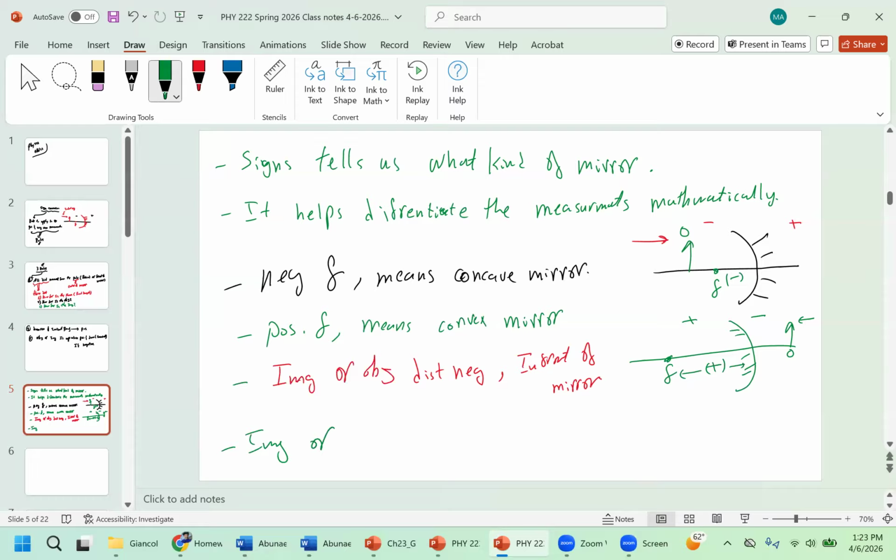If the image or object distance is positive, that means it's behind the mirror. So the signs tell you where everything is at without having to do a lot of drawings.